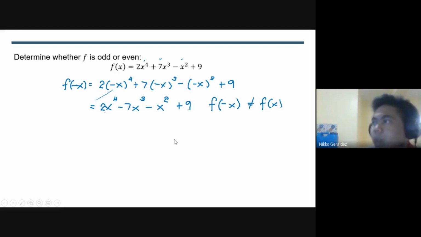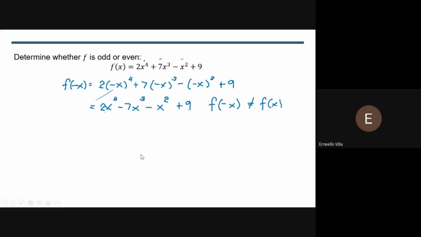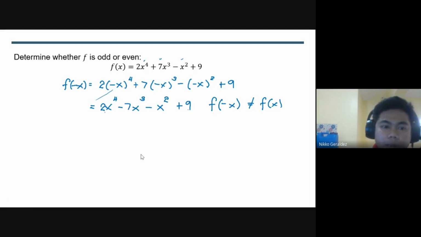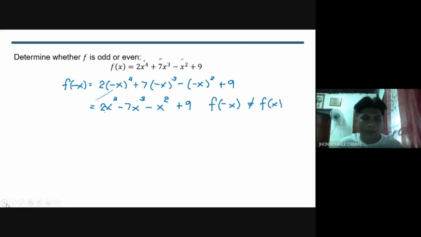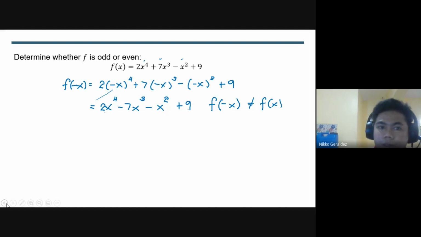So, can we say that it is an odd function? No, also not. So, we need to check if it satisfies definition number 2: f of negative x equal to negative f of x. Let's factor out the negative sign.